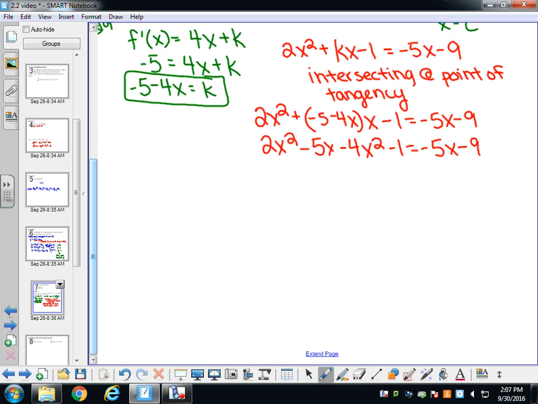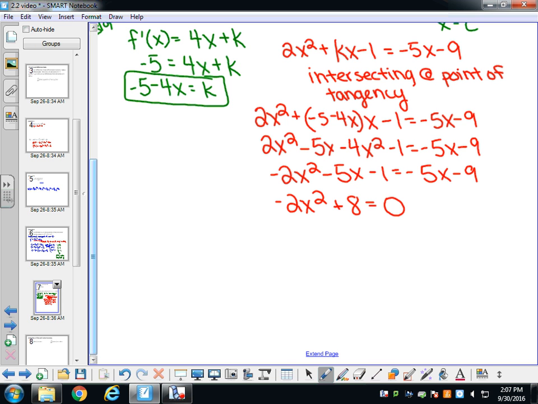So then I get negative 2x squared minus 5x minus 1. So I get negative 2x squared plus 8 is 0. If I keep solving this down, factor that out.